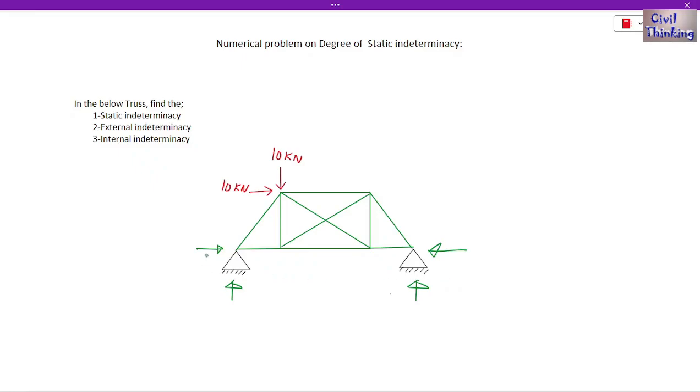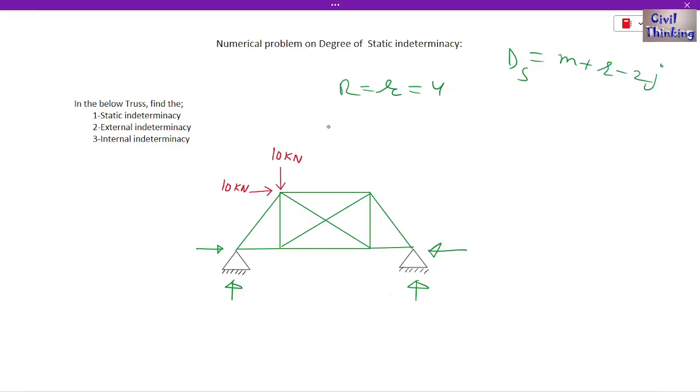So the total number of external reactions, R, or capital R, whatever, it is 1 2 3 4, right? 4. Now we have to find the static indeterminacy. We know static indeterminacy, ds, is m plus r minus 2j.